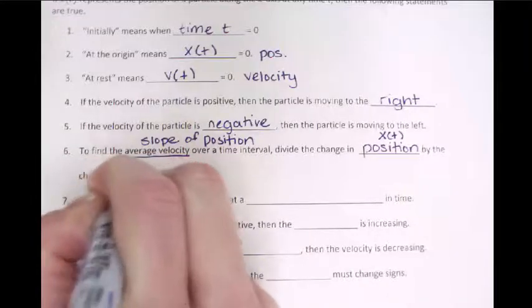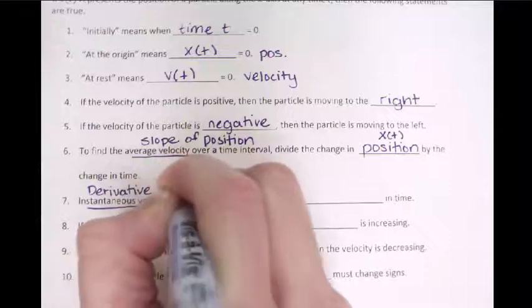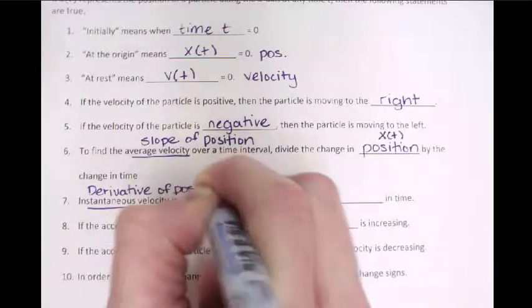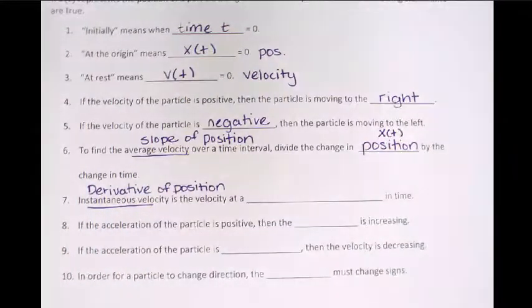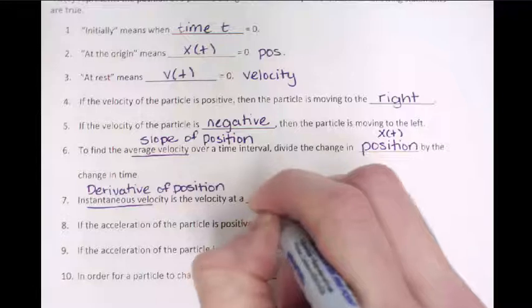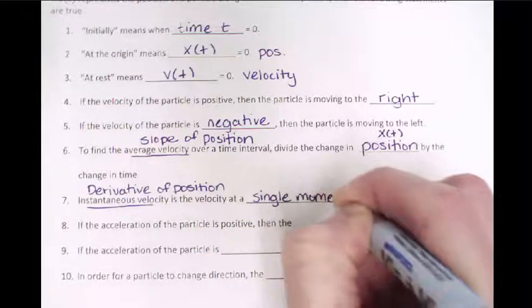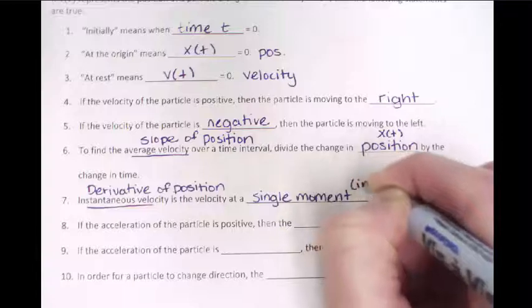So it's the derivative of the position. Instantaneous velocity is the velocity at a single moment or an instant in time. That's why it's called instantaneous.